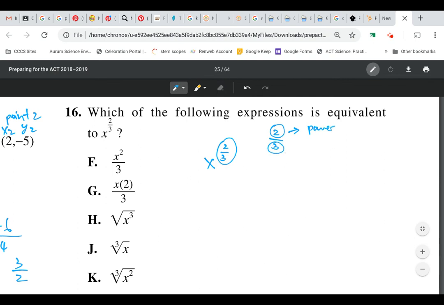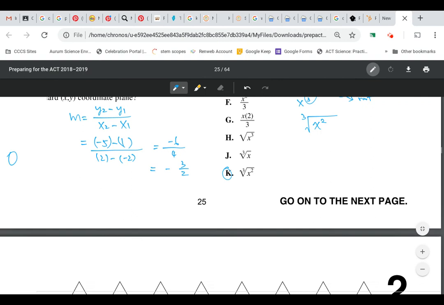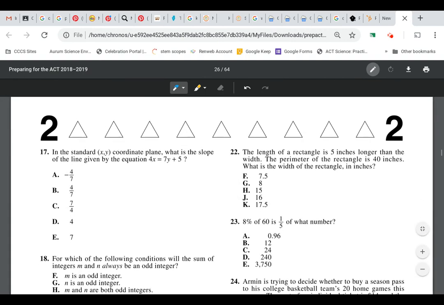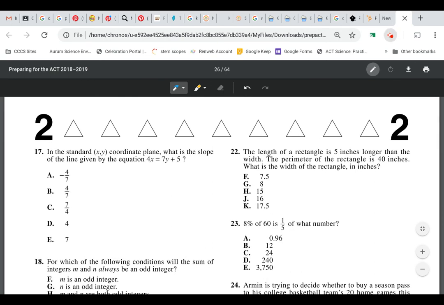And then the denominator is the root. So x to the power 2, and then 3 is the cube root. So the answer is K. Okay, I will continue the math in the next video.